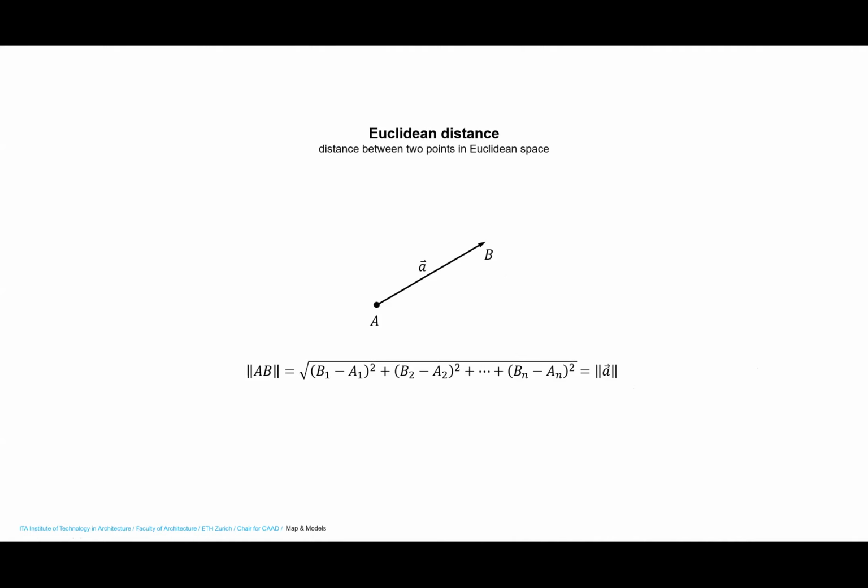Among all these, we would like to emphasize Euclidean distance between two points in Euclidean space. This is actually a quite important part when we are operating with vectors. So assume that we have two points in n-dimensional Euclidean space, and then with vectors we can calculate the distance between these two points.